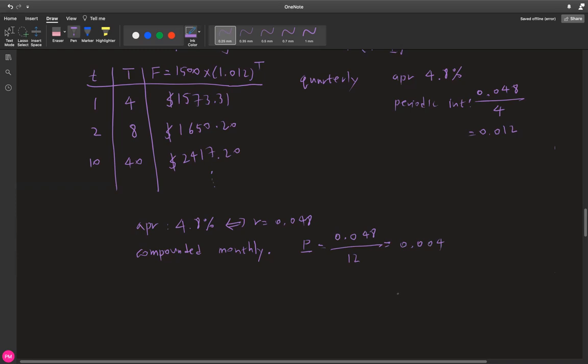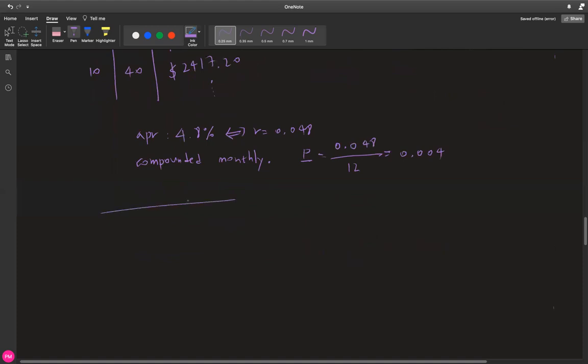To draw the same table, here's a T, and here is the total number of times compounded, and the final value is given as $1,500 multiplied by 1.004 to the power of T. After 1 year, because it's monthly, it would have been compounded 12 times.